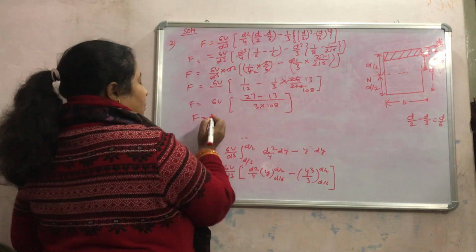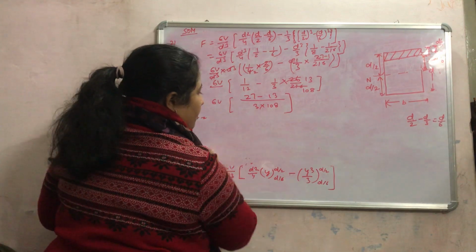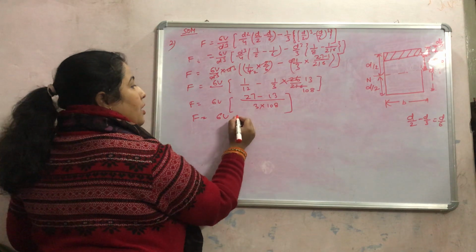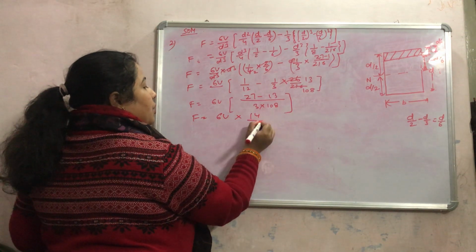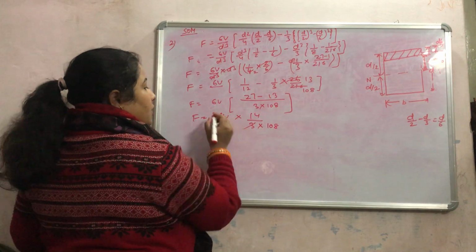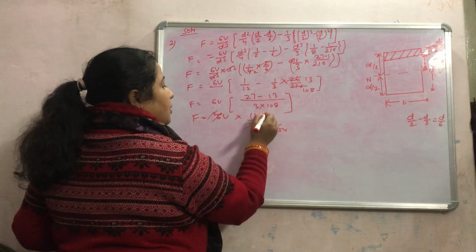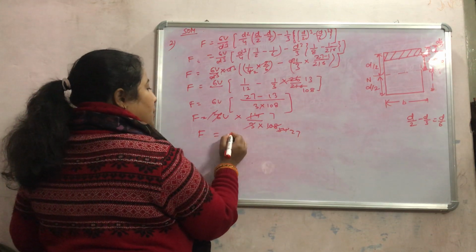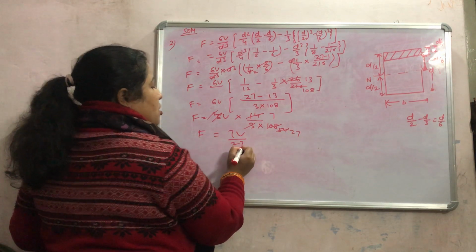F equal to 6V into 14 upon 3 into 108, equal to 7V upon 54 by 3. So F equal to 7V upon 27.